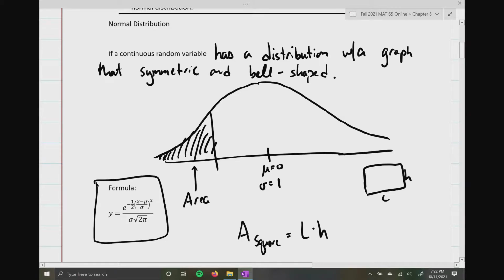Now, if you cut this in half, notice right here, the shape is a triangle. So the area of a triangle is equal to 1/2 length times height. Unfortunately, if you look at this shape right there, it is a curve. This part right here is constantly bending.